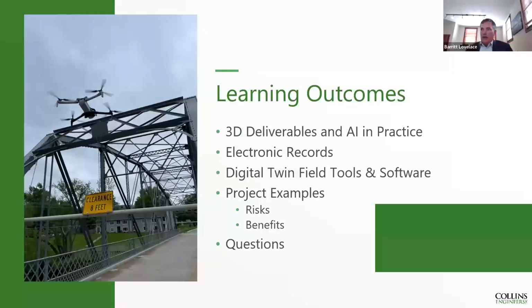We'll talk about electronic records, digital twin field tools and software, and then we'll go through some specific projects and talk about the risks and benefits to each of those projects.